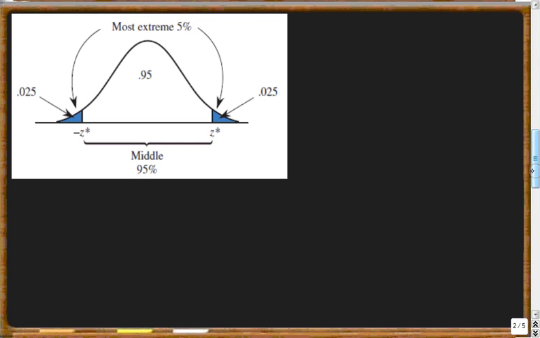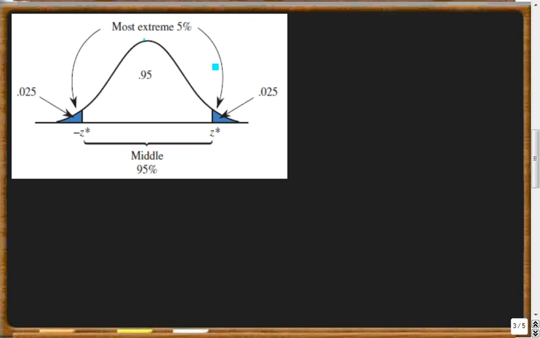Now, what if I wanted to just know the z-scores that contain the middle 95%? This is used quite often when it comes to statistics in the real world. We want to know, with a 95% chance, where should I go? Now, you might say, why don't they just go up to 95%?